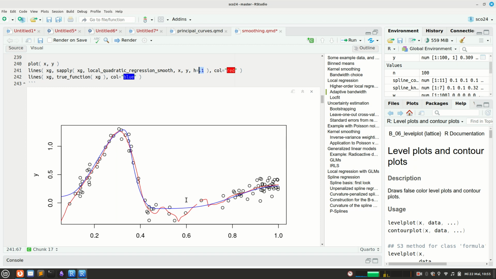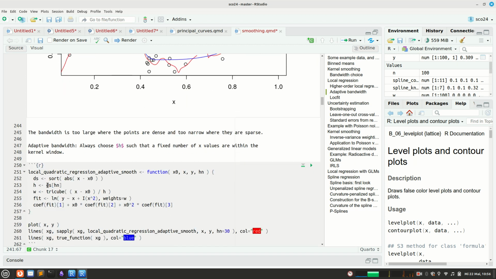And you might want to choose the bandwidth adaptively. The simple way to choose the bandwidth adaptively is simply whenever you want to smooth at a certain point x0, you say, let's find a bandwidth fitting for this place such that there will be 10 points under my kernel. And that's what I've done here.